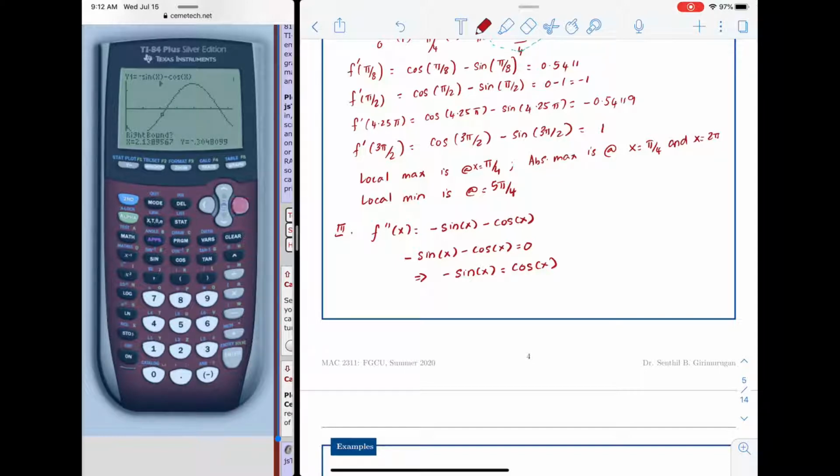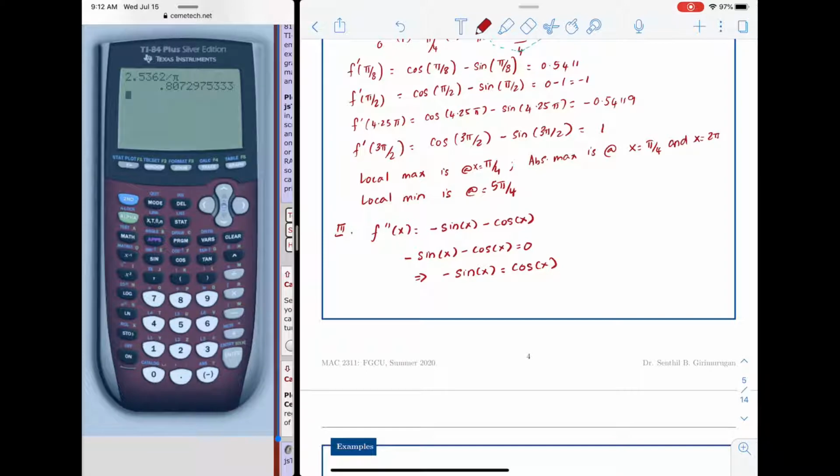Forgot the number here. 2.356. So we want to know what amount of pi would equal 2.356. So 2.356 divided by pi gives us about 0.8.